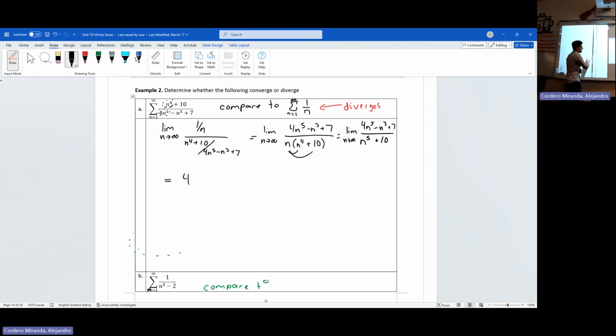Yeah, good job. And then there was another hand. Oh yeah, what's up, Blue? When you're writing the answer, do you have to say anything about the other series you used matching the requirements for the test, like being positive, or the limit being a finite positive number? No, I mean they can figure out that 4 is a finite positive number.